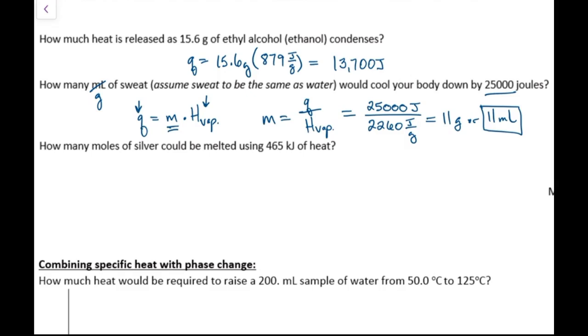Okay, so one more problem using heat of fusion, heat of vaporization. How many moles of silver could be melted using 465 kilojoules of heat? Okay, so go ahead and see if you can come up with the version of the equation, rearrange, what am I trying to solve for? Is this Q or is this mass that I'm trying to solve for?